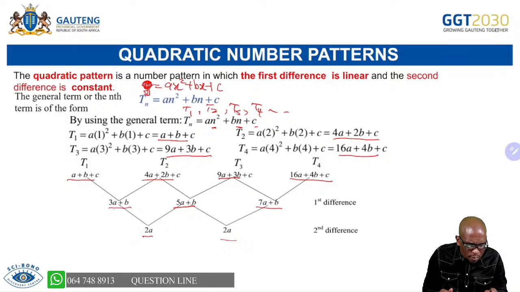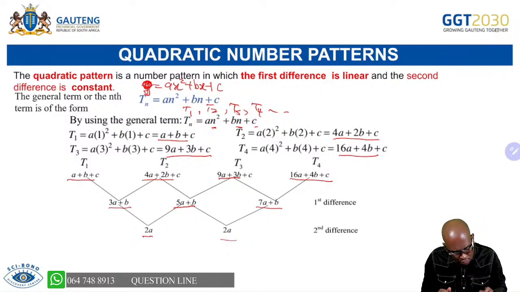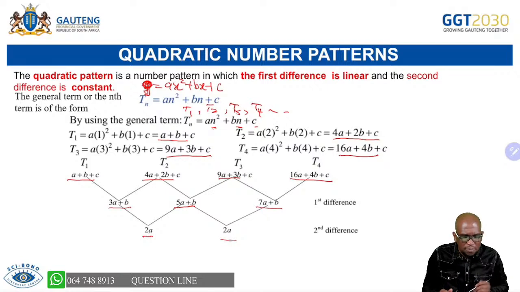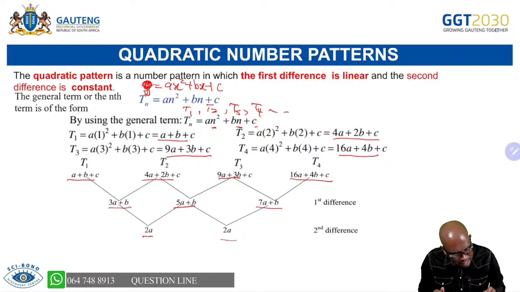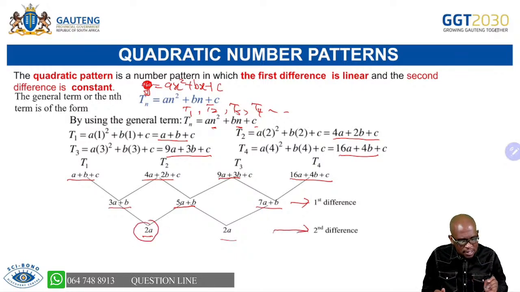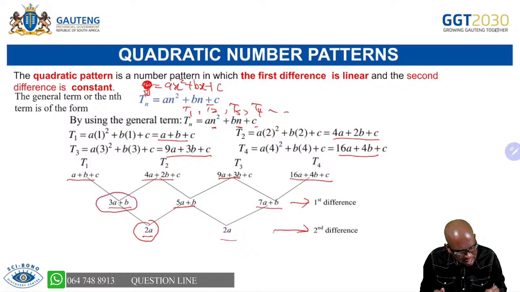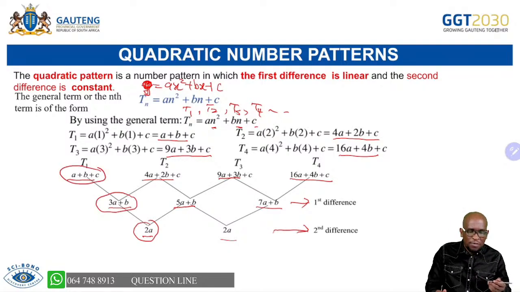Because to move from 3a plus b to 5a plus b, you add 2a. To move from 5a plus b to 7a plus b, you add 2a. So this becomes the first difference, this becomes the second difference, which means that this is the first term of the second difference, this is the first term of the first difference, this is the first term of the original pattern.